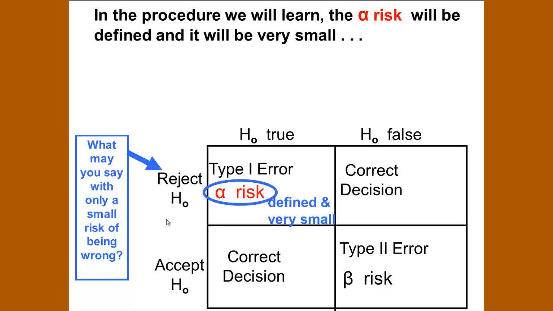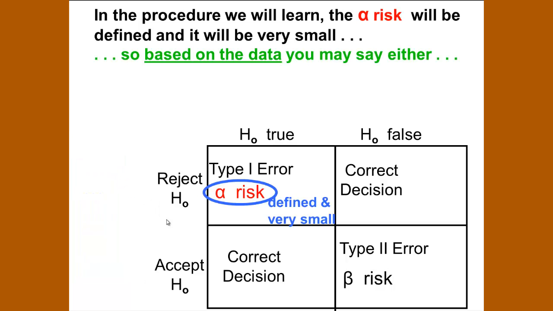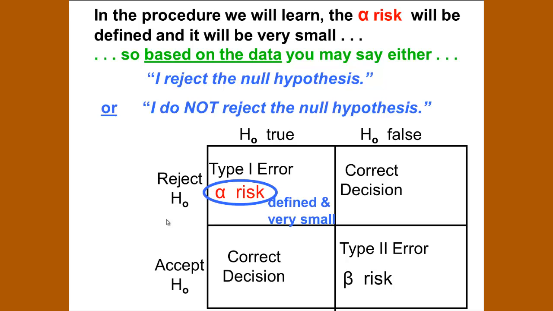What may you say with only a small risk of being wrong? Well, since that is on the reject, based on the data, you may either say, I reject the null, or you do not reject the null.